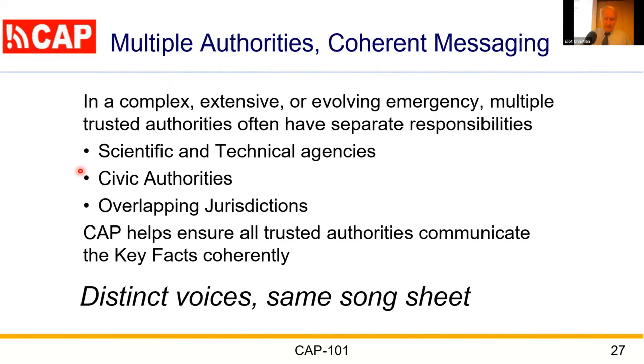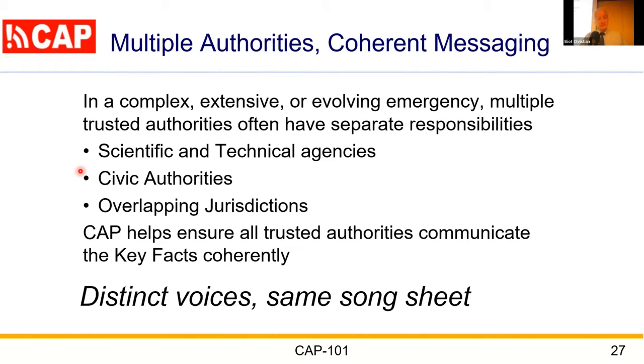Multiple authorities get involved in any complex, extensive, or evolving emergency. Think about the scientific and technical agencies. Now, they're expert at characterizing the hazard threat. They're typically not empowered to actually instruct people on actions such as evacuation. Their CAP alert, the Science and Tech Agency, says to monitor local media for instructions from your civic authorities.